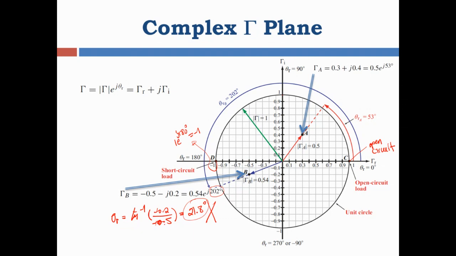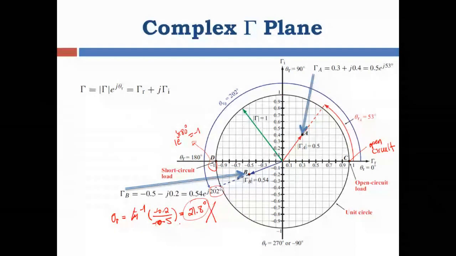But then you argue that 21.8 is in the first quadrant, but minus 0.5 and minus 0.2 over there at point B are in the third. Okay, so how would you go from the first to the third quadrant?